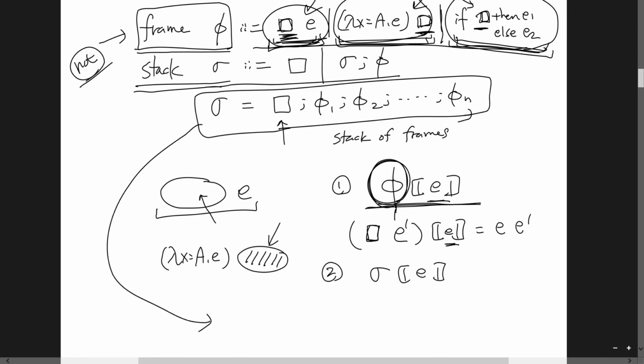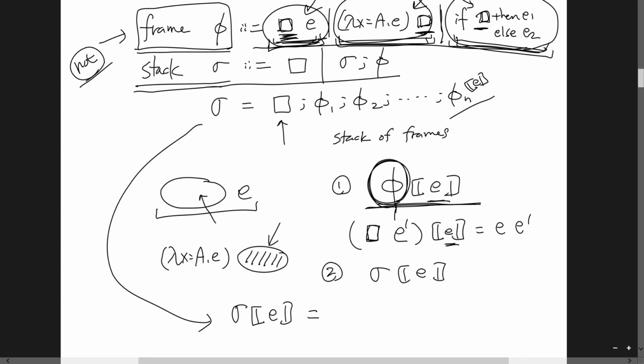Sigma bracket expression E is, first, you go to the topmost frame and fill the hole in it with expression E. It gives you a slightly bigger expression, and you have a phi n minus 1 here. Then you use this expression to fill the hole in the next frame. So now you have phi n minus 1, phi n expression E.